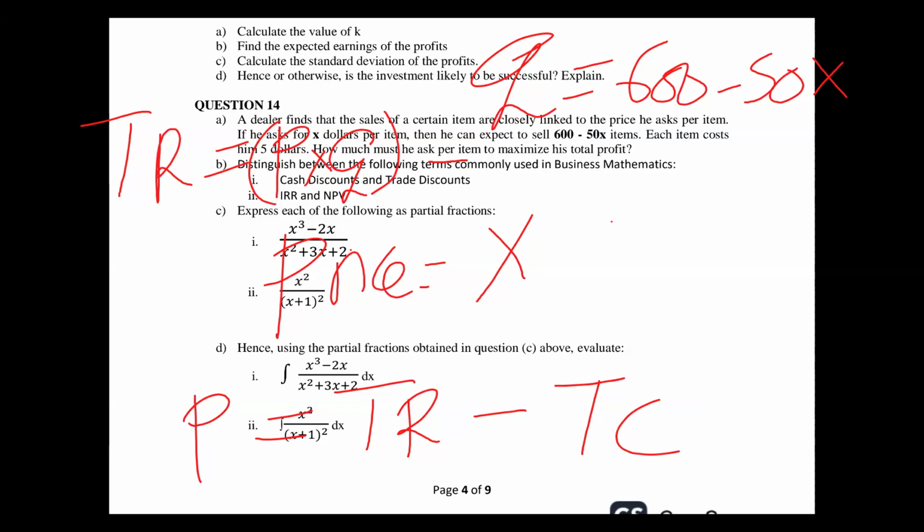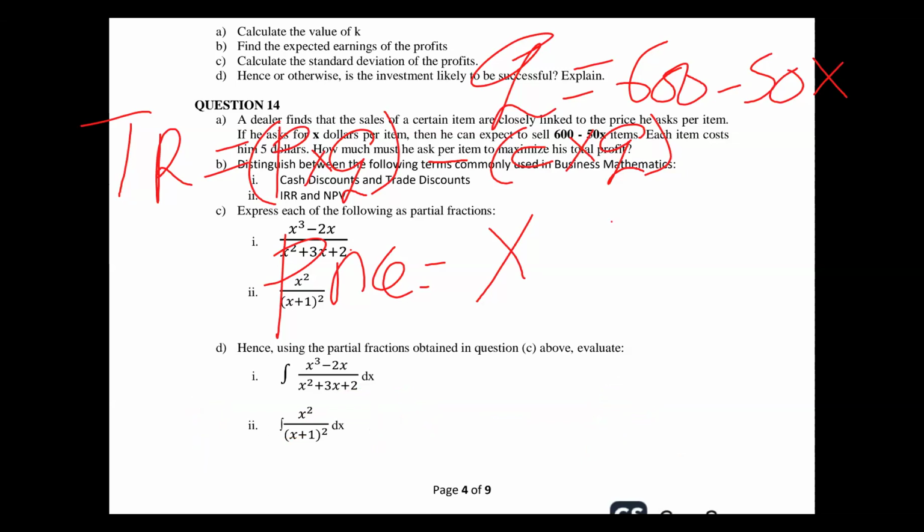That's when you can establish the total costs involved. So, establishing the total profit function: what is the price? The price is X, isn't it? We established that the price is X, so it is X times the quantity. Our quantity is 600 minus 50X.